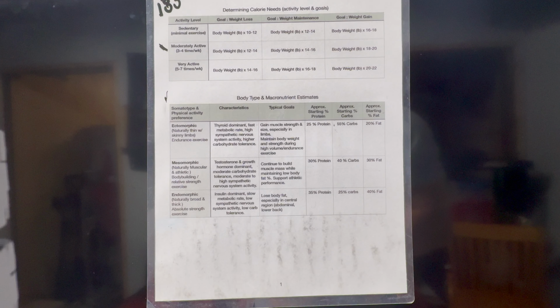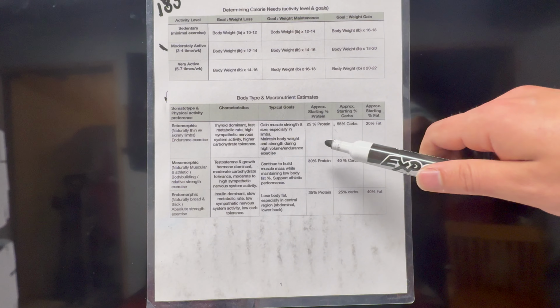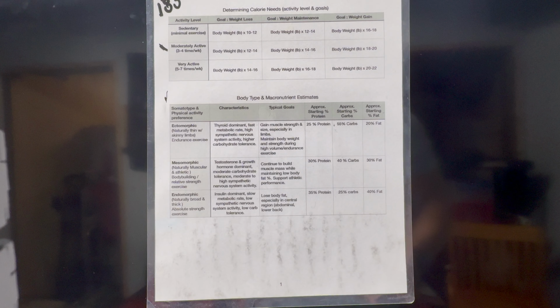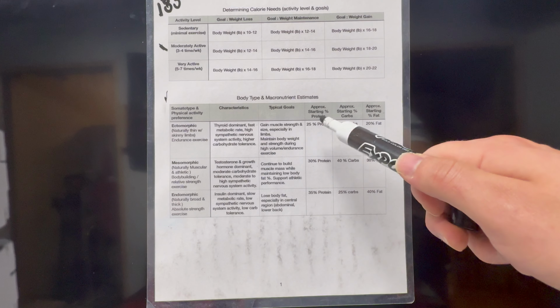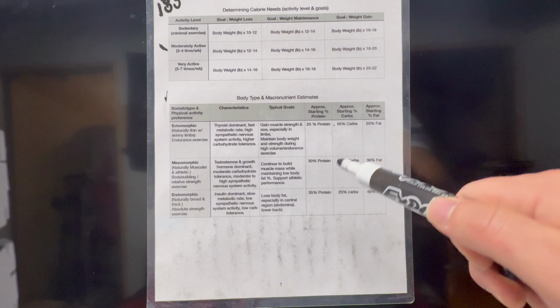And then endomorphic, for the most part, this type of person is going to want to lose body fat, especially in the central region, abdominal, lower back. Now, over here, for each of these types, we have an approximate macro starting point, okay?